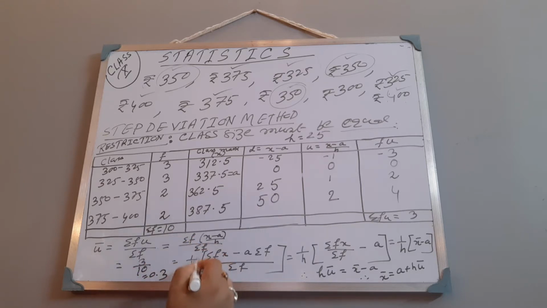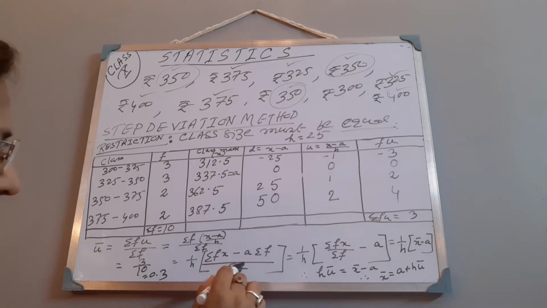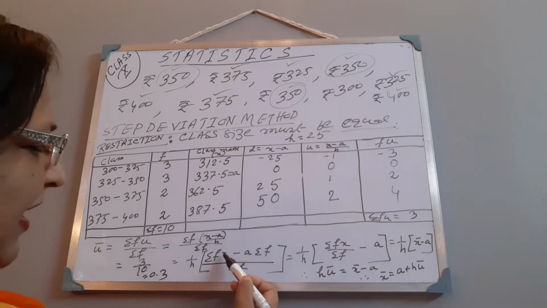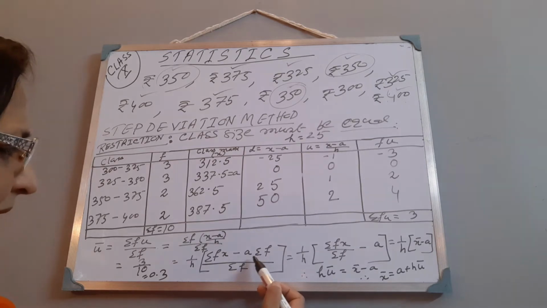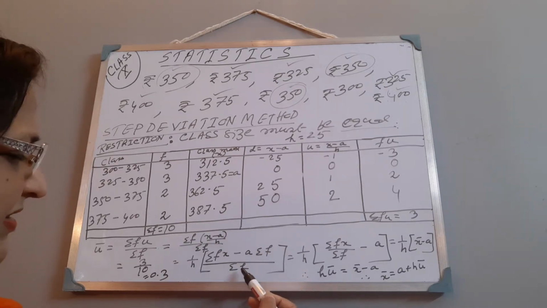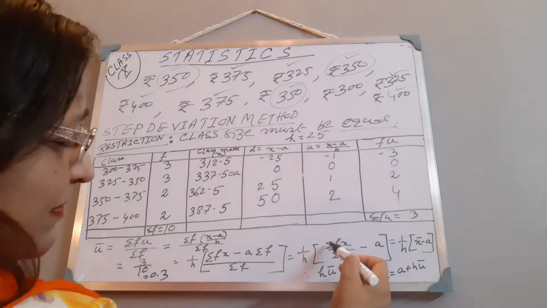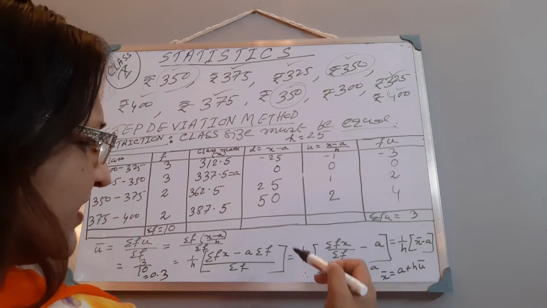So 1 by h into sigma f x, this is fx, and f into a gives sigma f, and a is a constant term, so we can take it outside the sigma. So minus a into sigma f, the whole divided by sigma f. So sigma fx by sigma f, and minus a into sigma f by sigma f. Sigma f will cancel, and we will get only minus a. That is why sigma fx by sigma f minus a is written here.